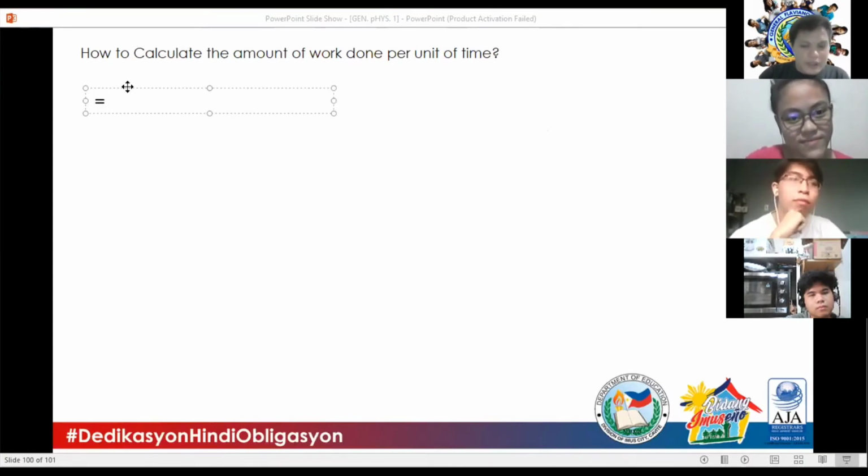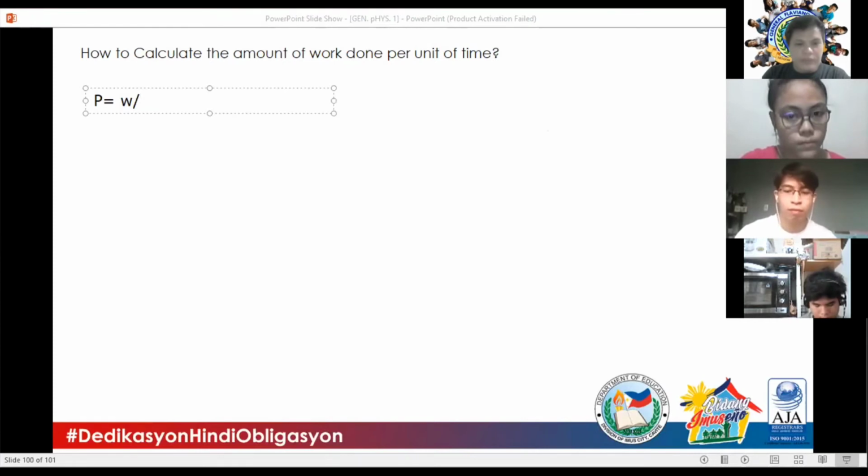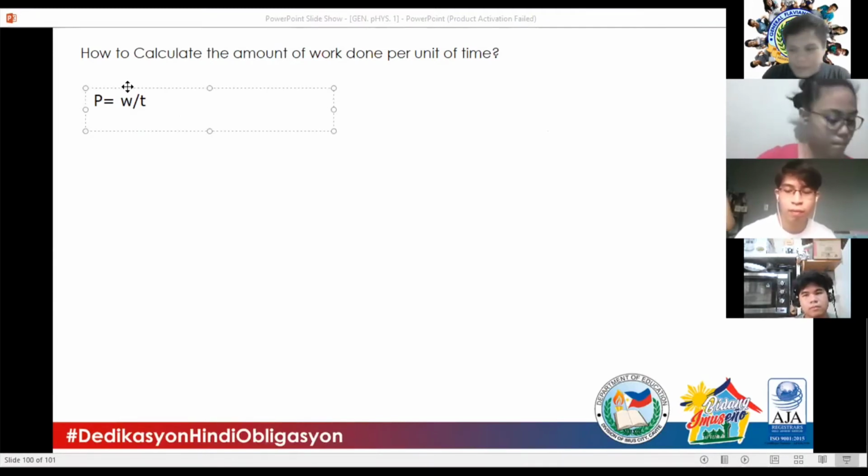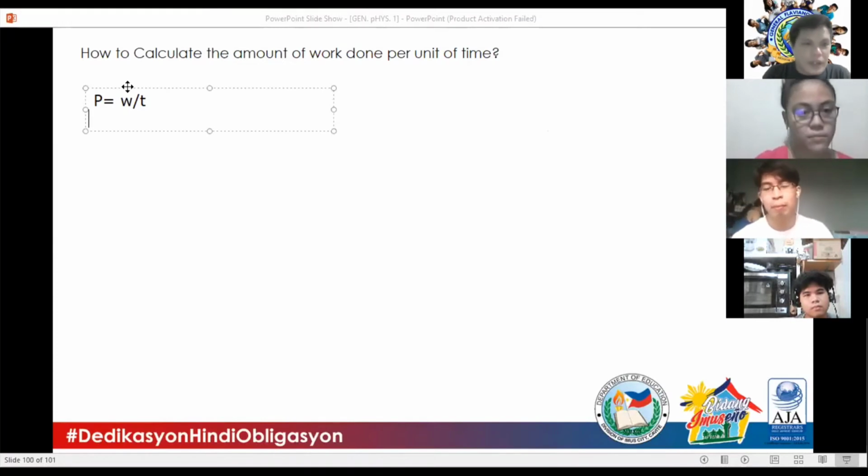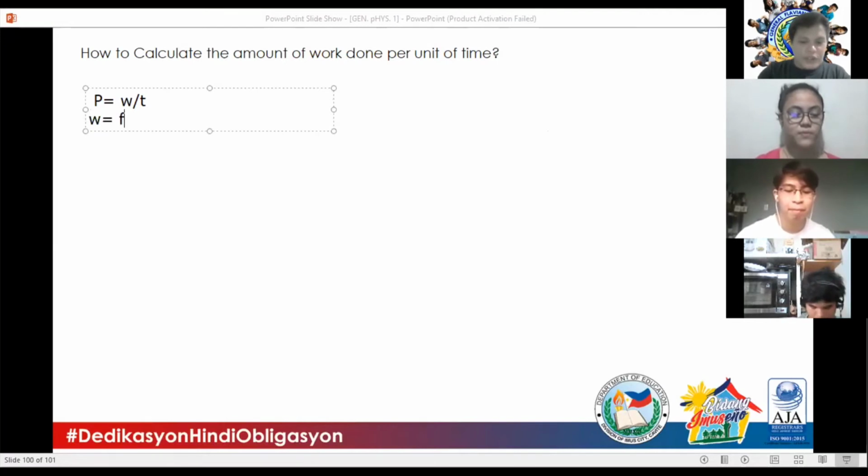So, power is work done per unit of time. Okay? So, kung ang power is work done per unit of time, and then your work is equal to force times its displacement.